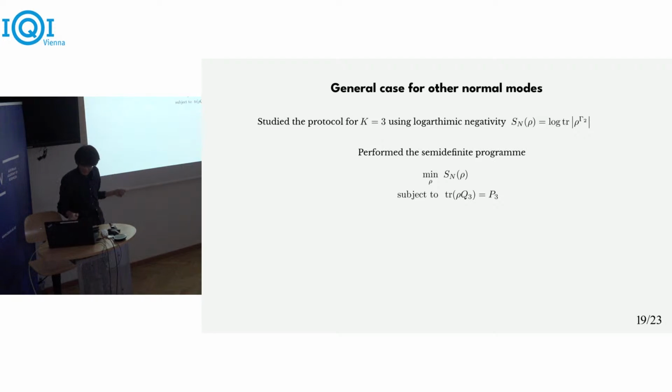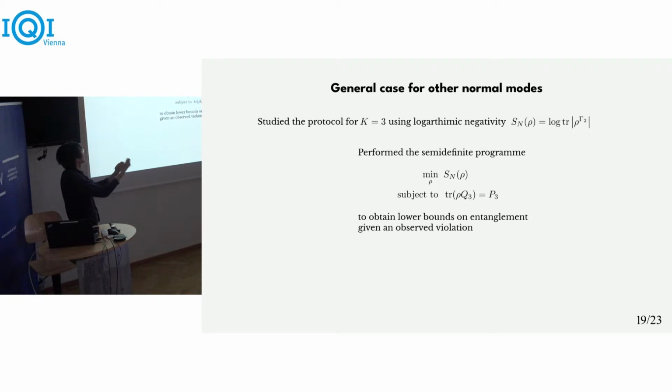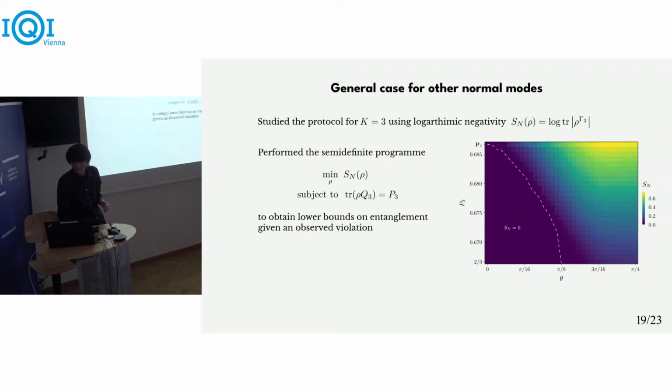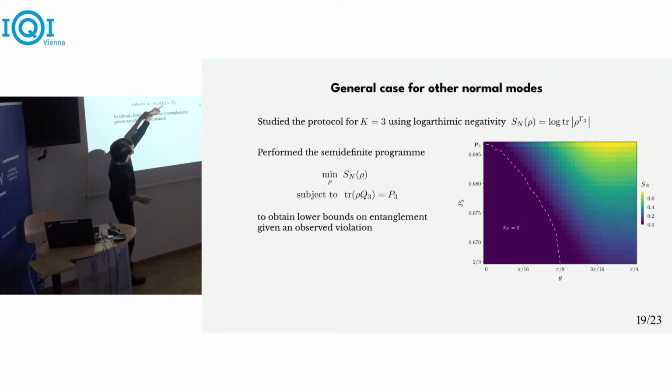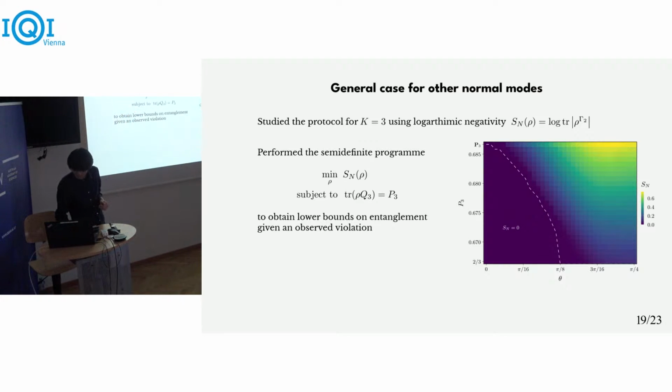So in other words, if I observe a certain score, what is the lower bound on the entanglement that I have, given that I observe that score, right? So this is the plot that we see. And the color here is the log negativity. And the y-axis is the score, where right on top, that's the maximum quantum score that you can have. And on the x-axis is the mixing angle theta.